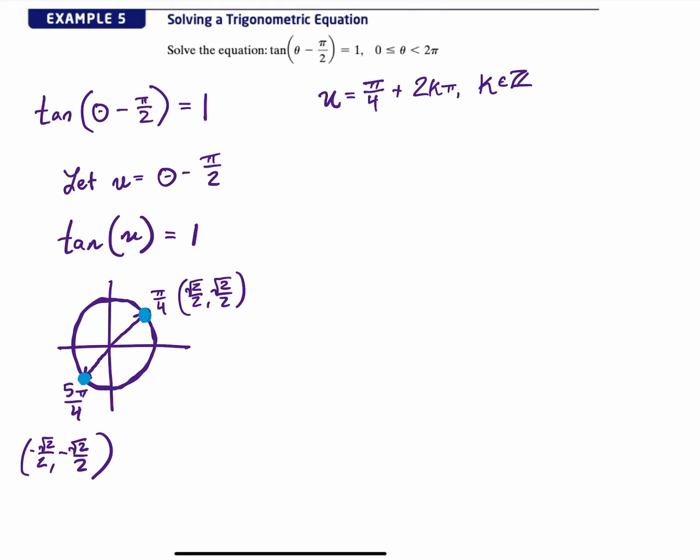So let's go ahead and find our solutions from this one version. Let's undo the substitution. Instead of u, I'll say what was originally inside of the tangent function, theta minus pi over 2 equals pi over 4 plus 2k pi.